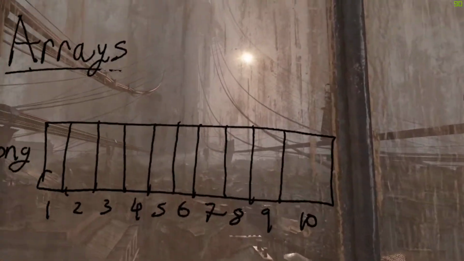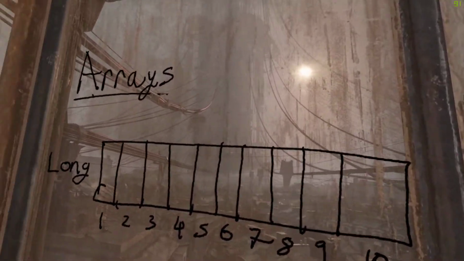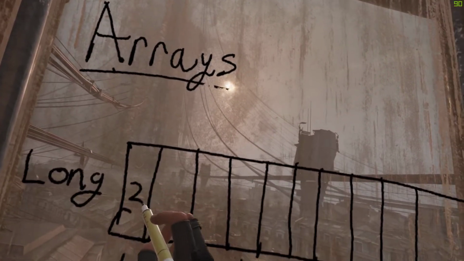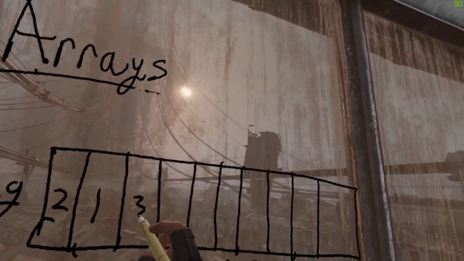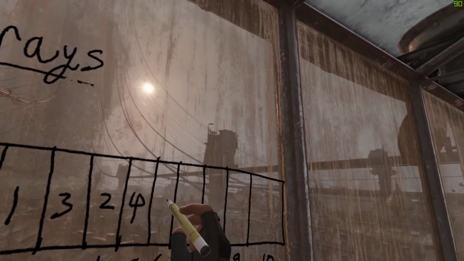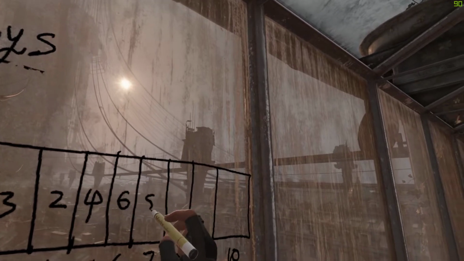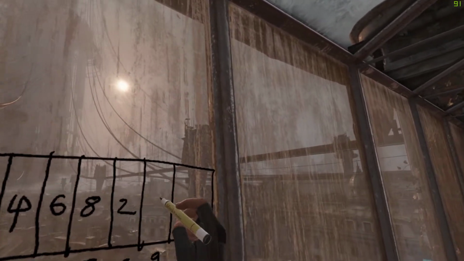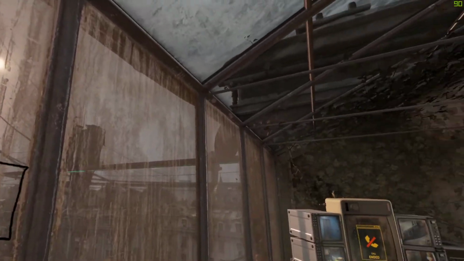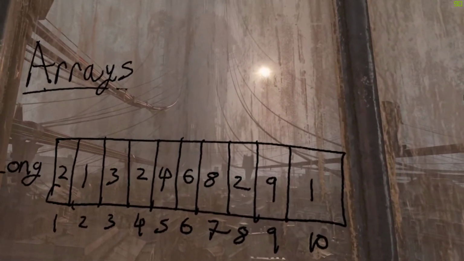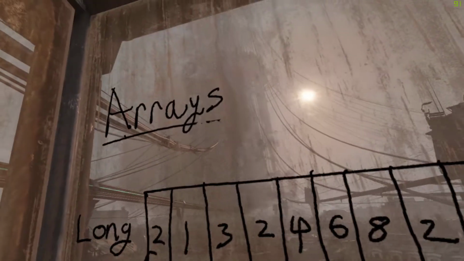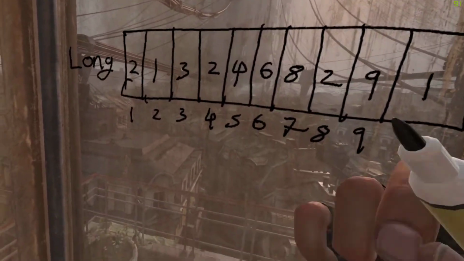Now this array is going to have some random numbers stored in it. It doesn't really matter. I'm just going to write some random numbers. 2, 1, 3, 2, 4, 6, 8, 2, 9, 1. All right. Good. So that's what we have.